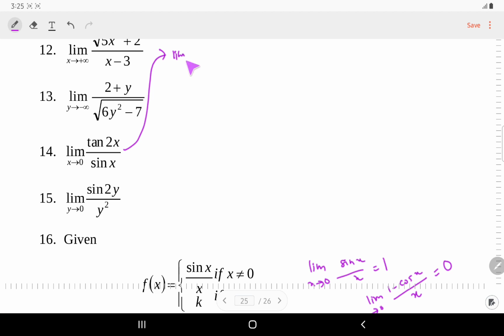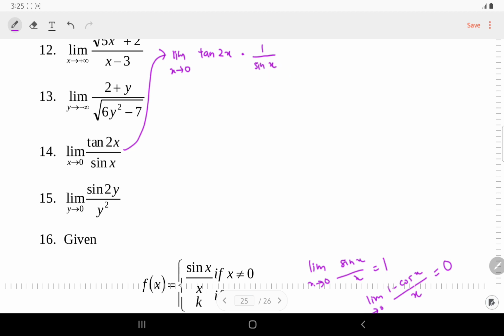Okay, limit as x tends to 0 of tangent 2x over sin x. So we split it out. It will become tangent 2x multiplied with 1 over sin x. Why 1 over sin x?